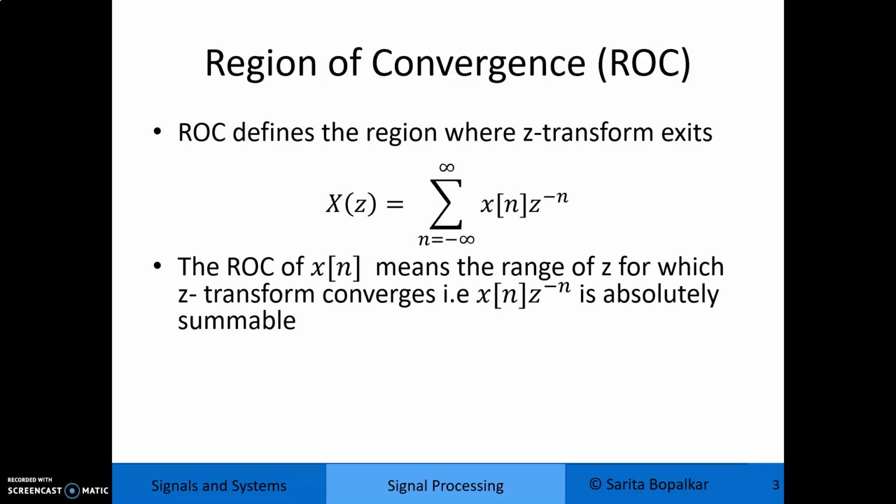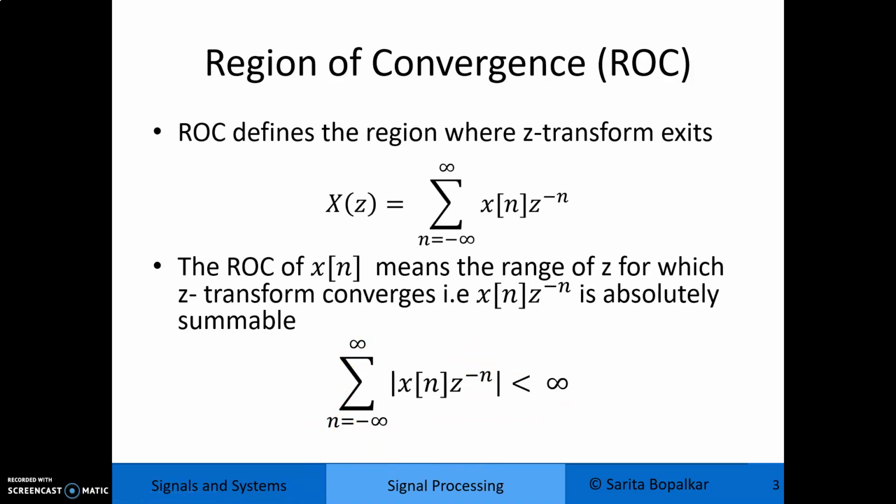It can also be defined as the ROC of x(n) means the range of z for which z transform converges. That is, this x(n) z raised to minus n is absolutely summable. And we can express this like this: the sum of n varies from minus infinity to infinity of x(n) z raised to minus n should be absolutely summable, means its value should be less than infinity.